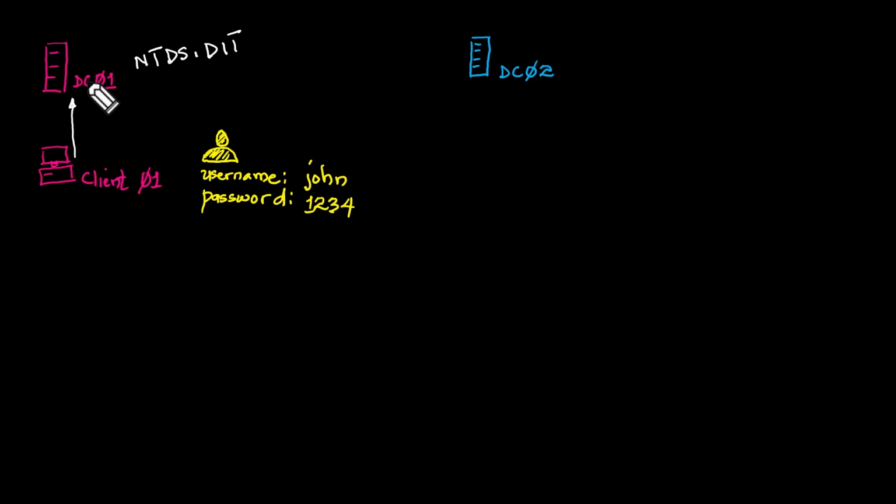So our domain controller will use a protocol called LDAP, Lightweight Directory Access Protocol. This protocol is used by the domain controller to query the Active Directory database to verify whether there is a user within the database called John.